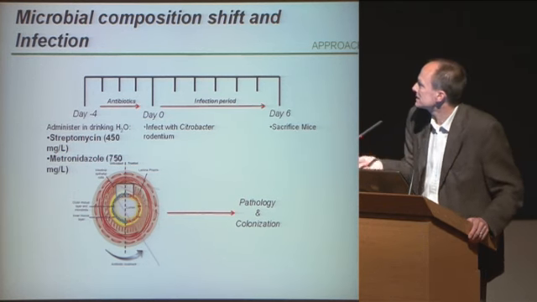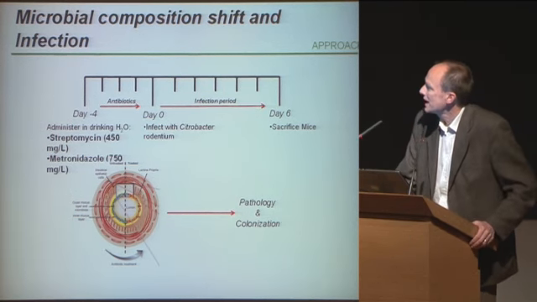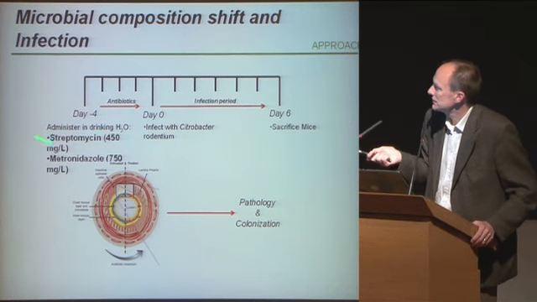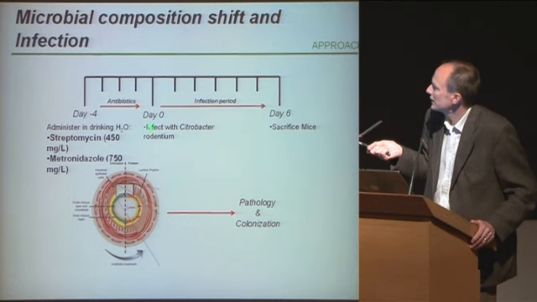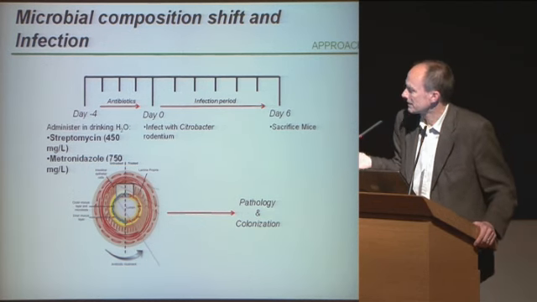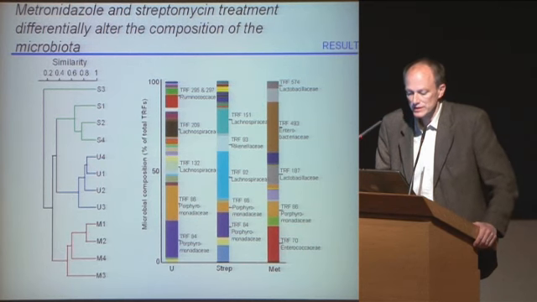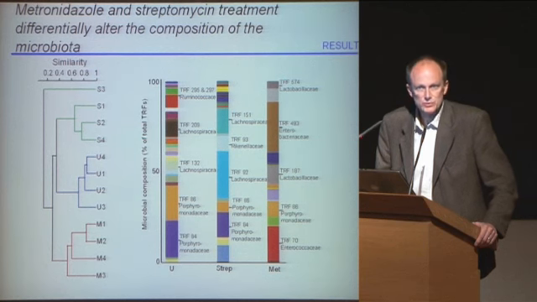In this case, this is again the Citrobacter model. This is work done by Marta Werlotzka in the lab, a graduate student. The idea was to give mice just 2 different antibiotics at these doses for 4 days, then infect with Citrobacter and just watch what happens. And we can study various parameters of this infectious process. The first thing that Marta did was characterize what happens to the microbiota when you give the antibiotics.